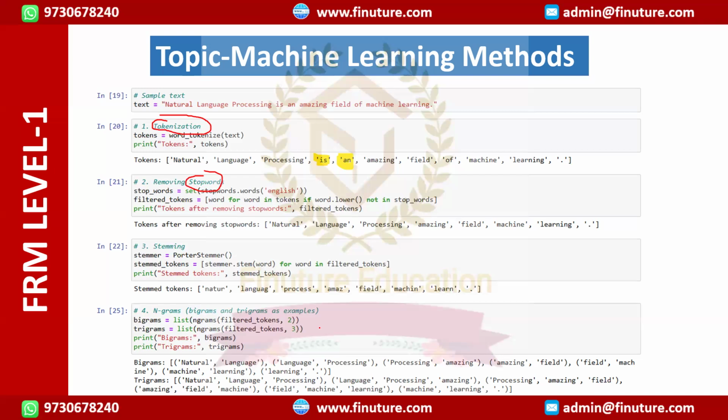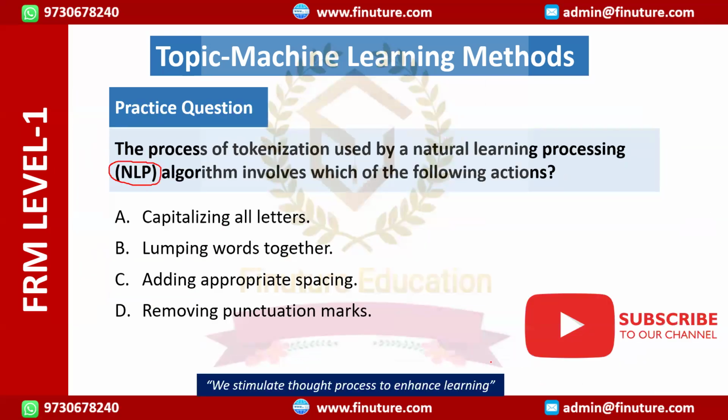And the last one being n-gram, wherein you see there are groups in the output: natural language, natural processing, processing amazing. These are the kind of groupings which will get you more sense. So coming back to our original question, if you look at the options, it's quite evident.